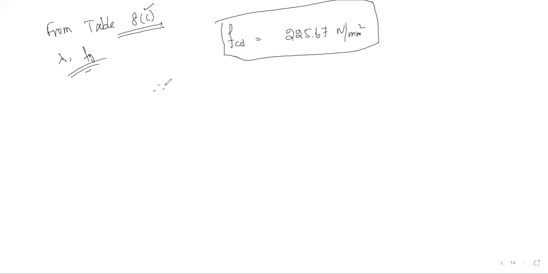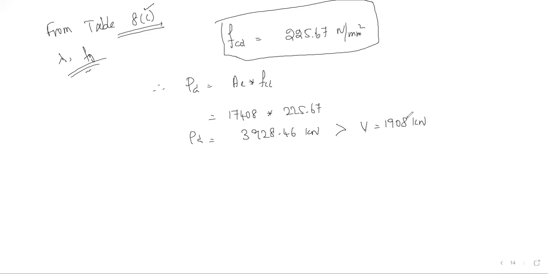Therefore, Pd, design strength, is Ae into fcd. So Ae is equal to 17,408 into 225.67. It becomes 3,928.46 kilonewton, which is greater than our shear force 1908 kilonewton.